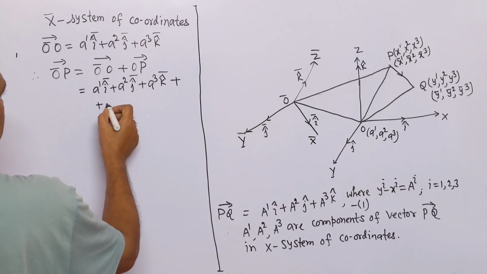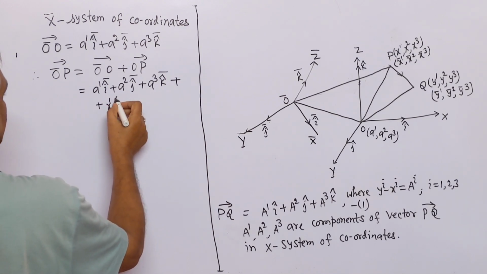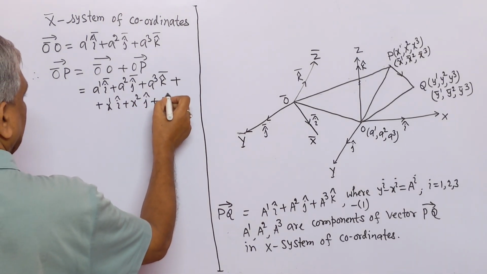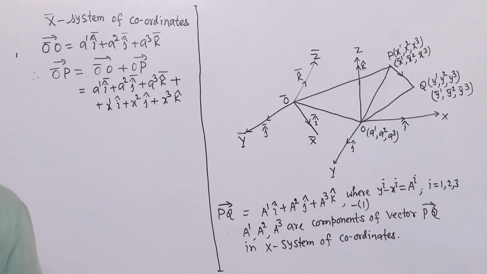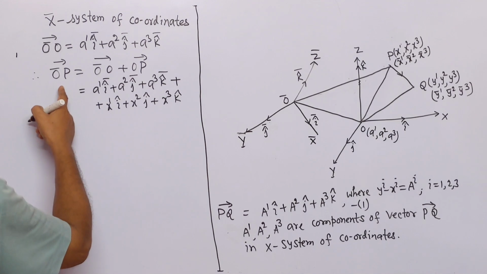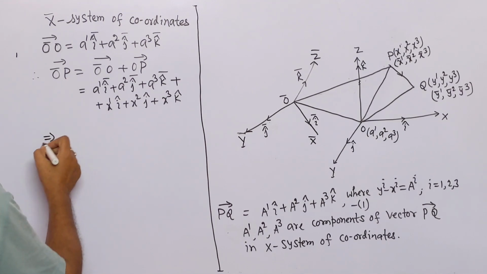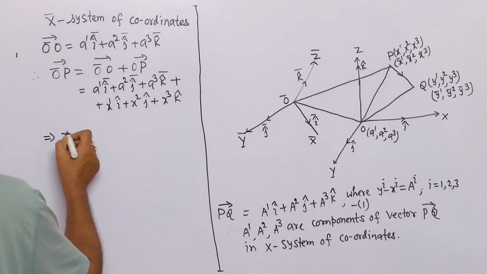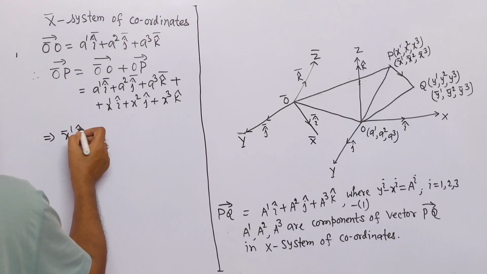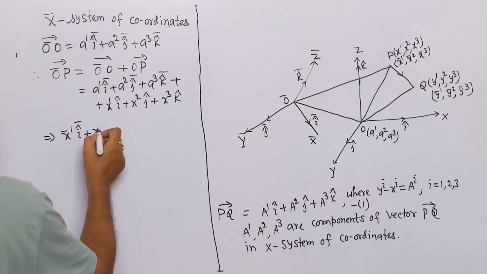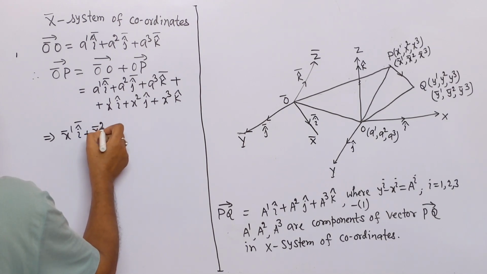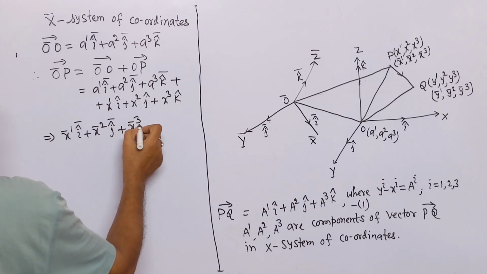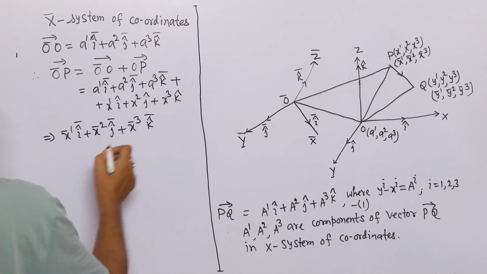We write this as x1 i plus x2 j plus x3 k, and we may write vector O bar P in the x bar system of coordinates as x bar 1 i cap bar plus x bar 2 j cap bar plus x bar 3 k cap bar.